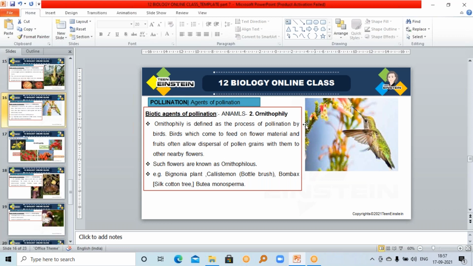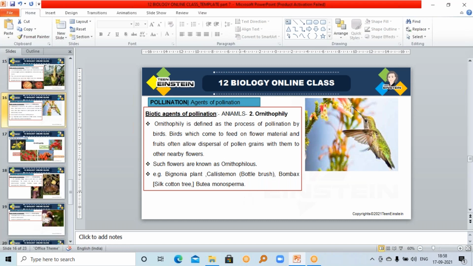You can see the birds are coming to feed on the flower material and the fruits, so that they will help for the dispersal of pollen grains, and they will carry them when they go to the next flower. That is a kind of pollination. So such flowers are called ornithophilous flowers.